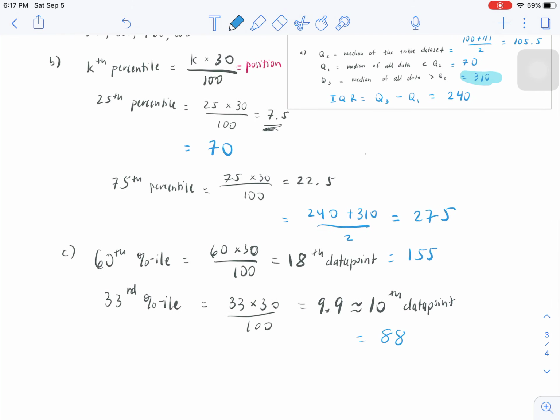So last, let's interpret what it means. If I tell you that the 60th percentile of my data set was 155, what does that mean?